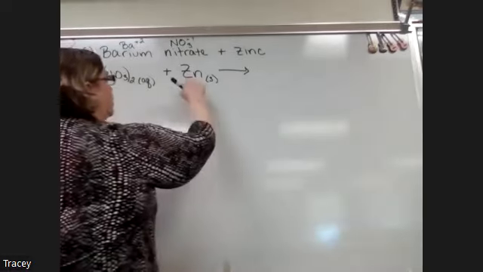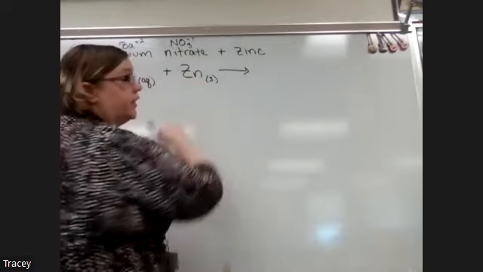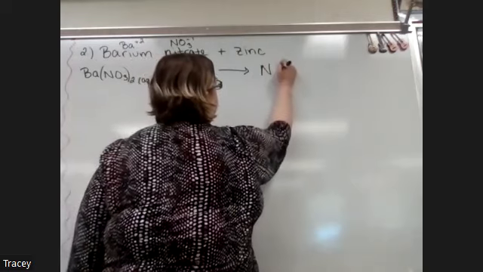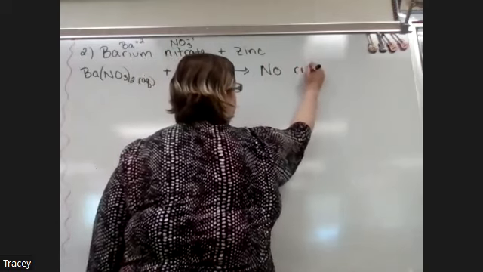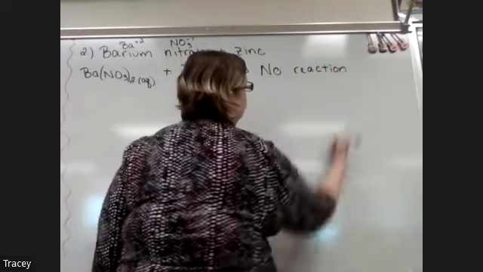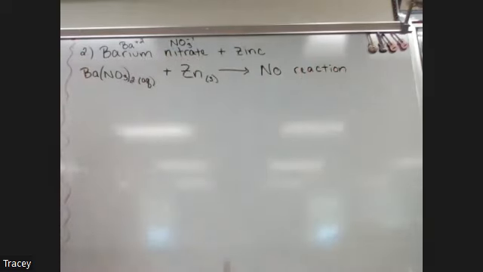Zn is lower on the activity series than Ba. So life is really easy. You don't have anything to do for this reaction. All you have to do is put no reaction. It simply will not work. If you put zinc metal into a solution of barium nitrate, it won't do anything.